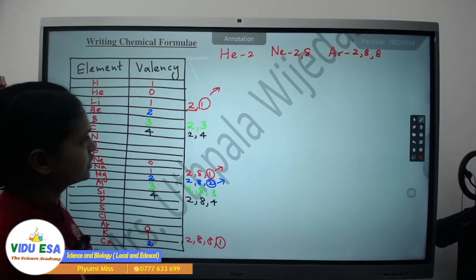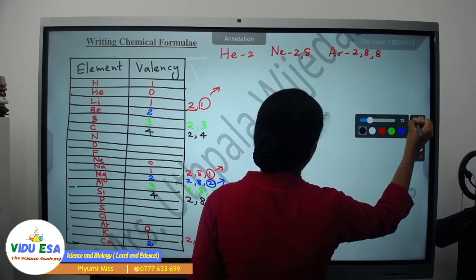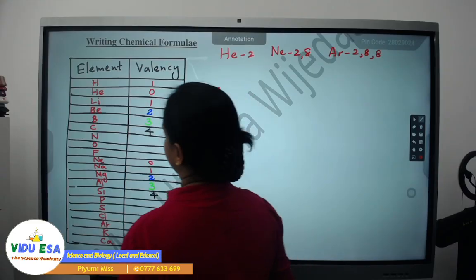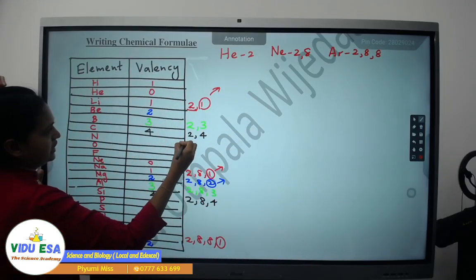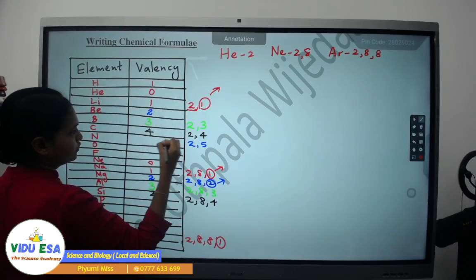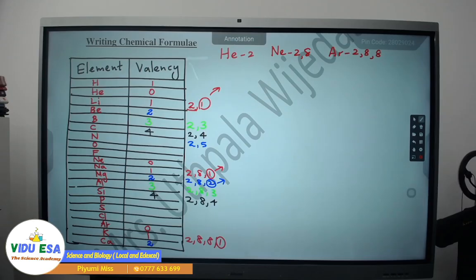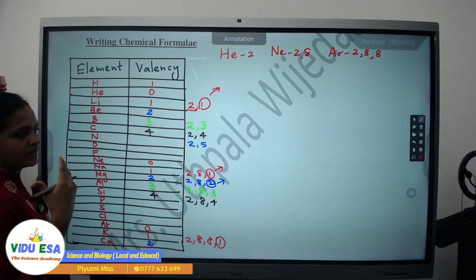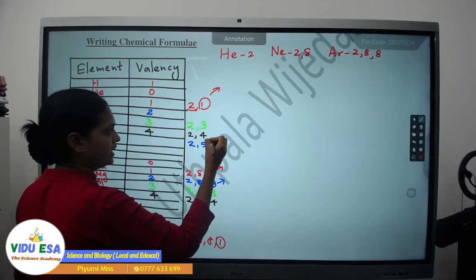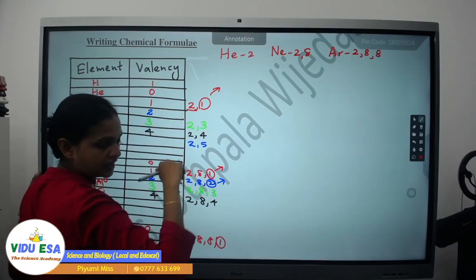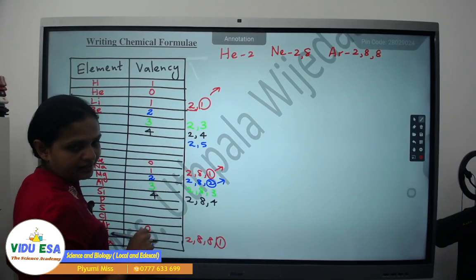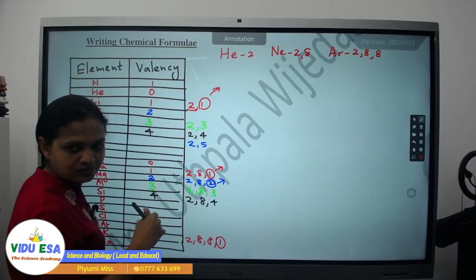Then when it comes to nitrogen, the electronic configuration is 2,5. Therefore, nitrogen could remove all these 5 electrons, but rather than removing those 5 electrons, it is easy to remove up to 3.